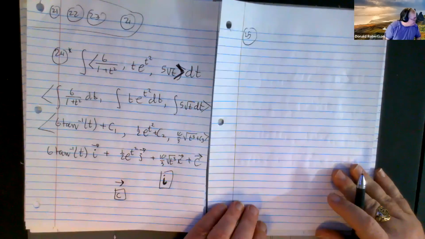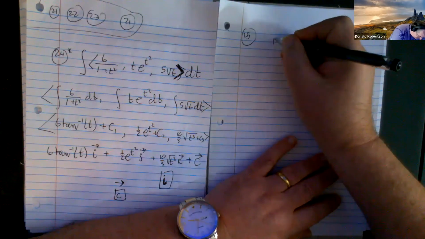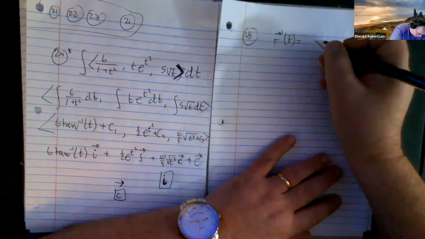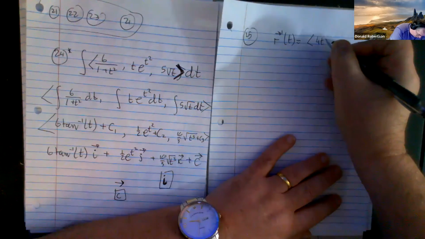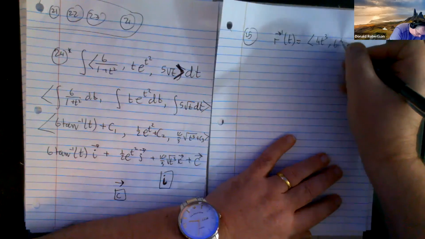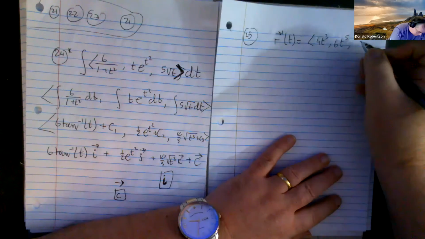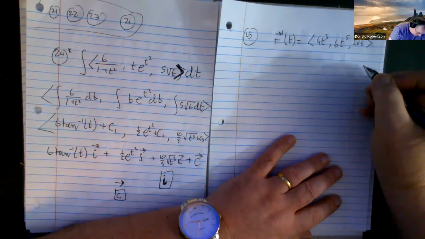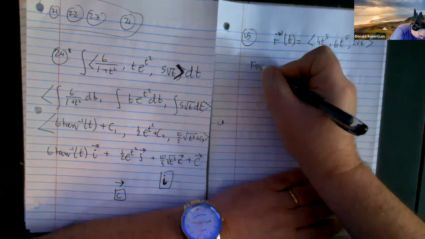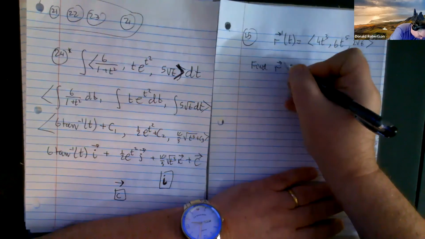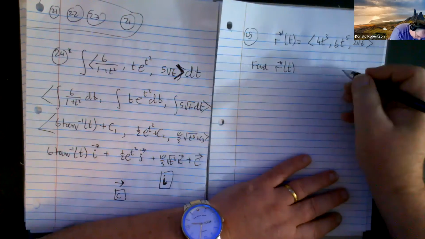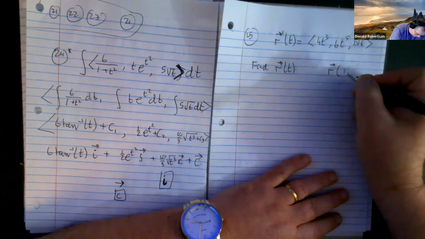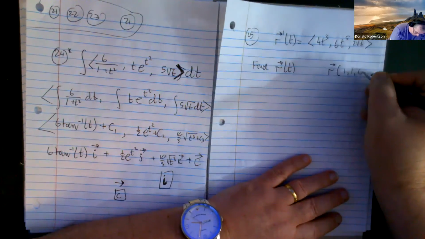Last two questions. If I tell you that the derivative is 4t cubed, 6t to the 5, and 2 square root of t, and I ask you to find what the original space curve was, and I tell you that r of 0 was 1, 1, 0.